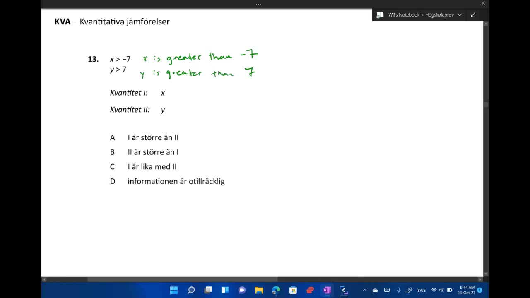So if you visualize that, think of a number line. Pretend here we have negative 7, negative 6, negative 5, negative 4, negative 3. So visualizing negative numbers can be a bit tricky sometimes. So it's good to draw a number line.